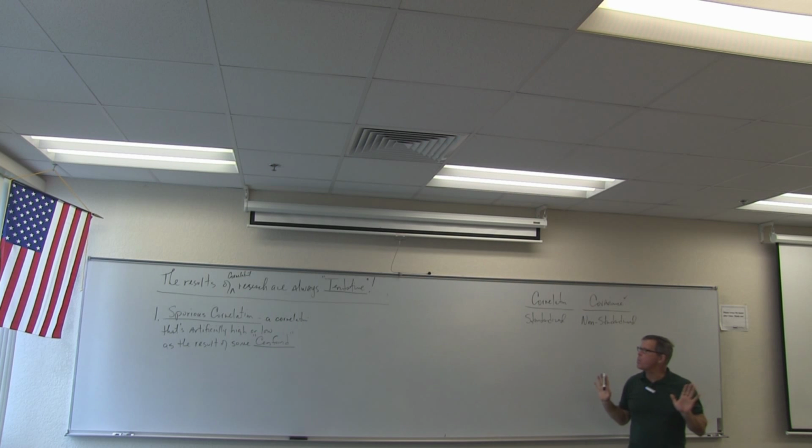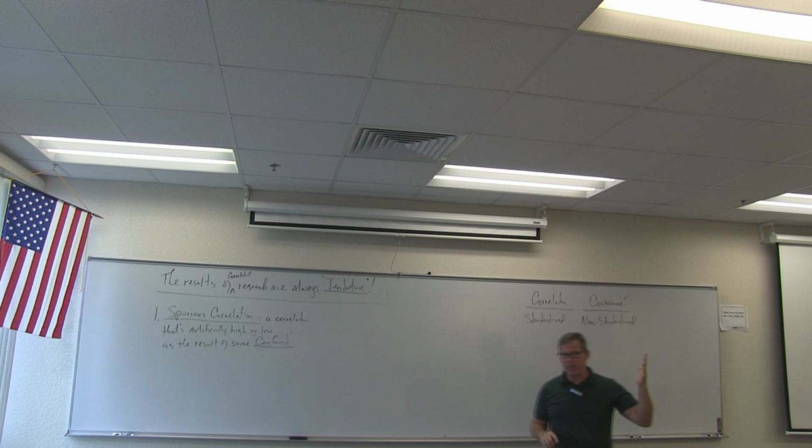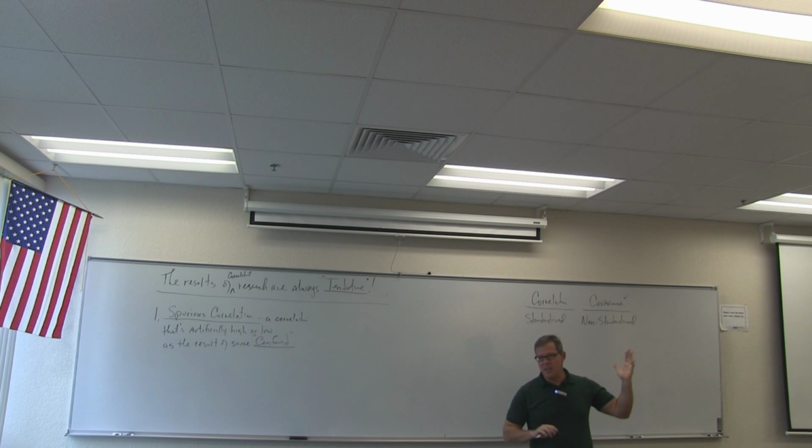So we always have to interpret the results of research with a little bit of caution, a little bit of healthy skepticism. That's a good word. Healthy skepticism. You don't believe everything you read in the newspaper, especially these days. When Yahoo News comes up and you're looking at all the sensationalistic stuff, you really have to wonder about its accuracy.